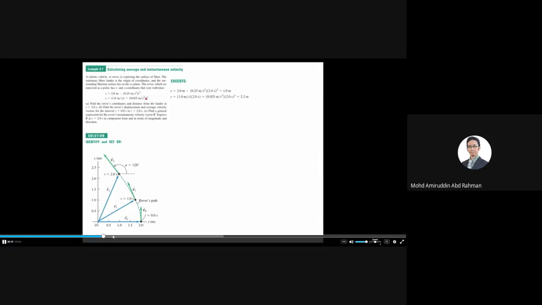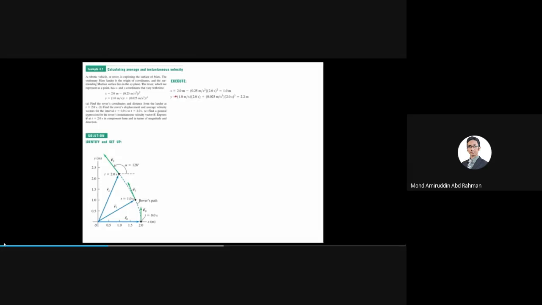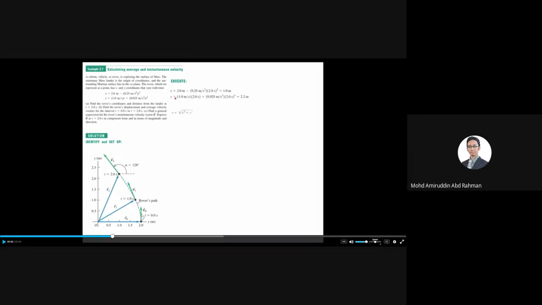I simply put 2 into these two equations, and here are the x and y components of that position. So look at that, we have three different positions, at r0, r1, and r2.